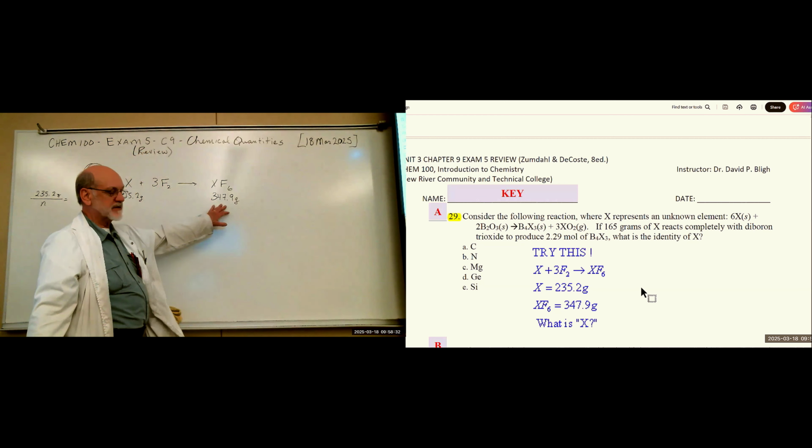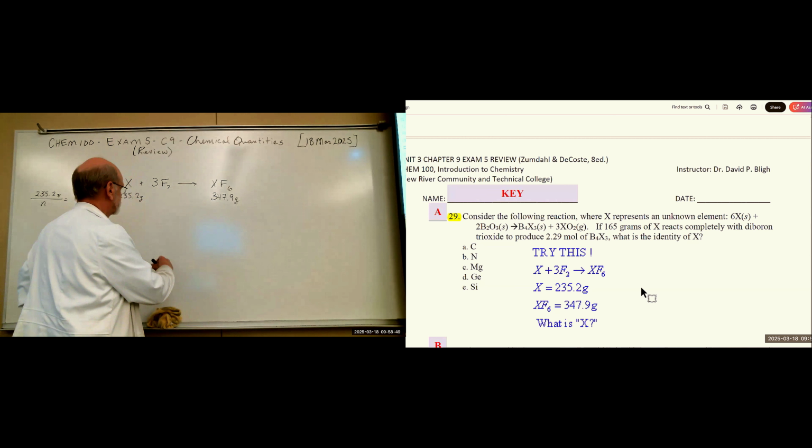This total mass must be the summation of that mass plus this mass. Okay. We can find out what the mass here is by just subtracting that one from this one.